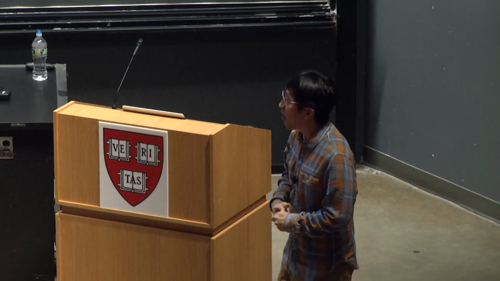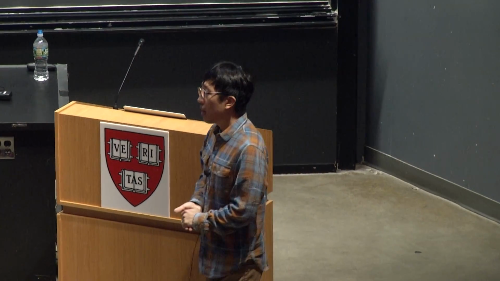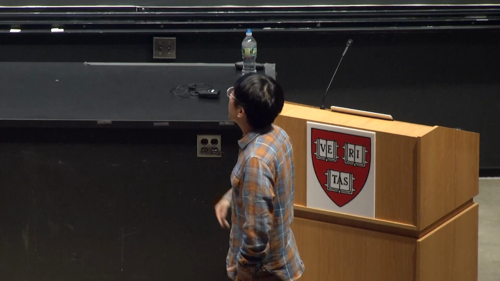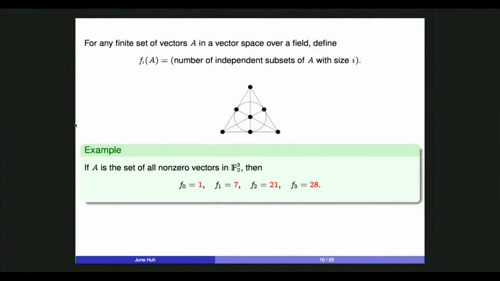And then I'm going to count, this time, not the number of points and lines, but rather the number of independent subsets of my vector configuration with given cardinality. So each subspace will be counted with some multiplicity.